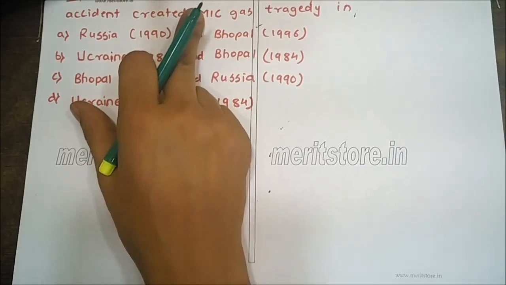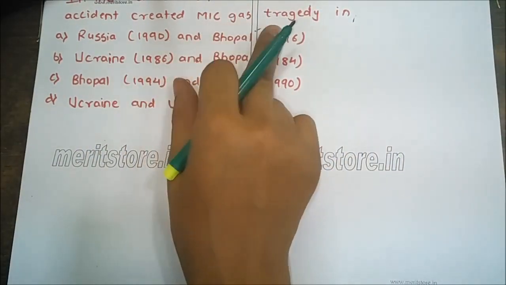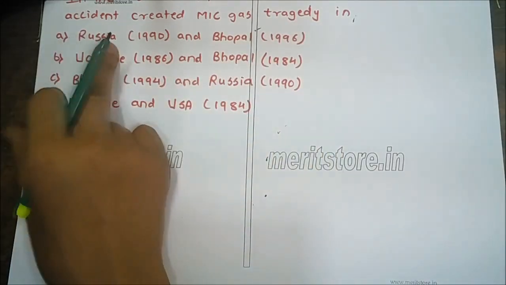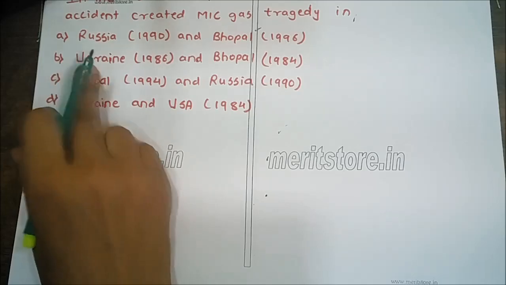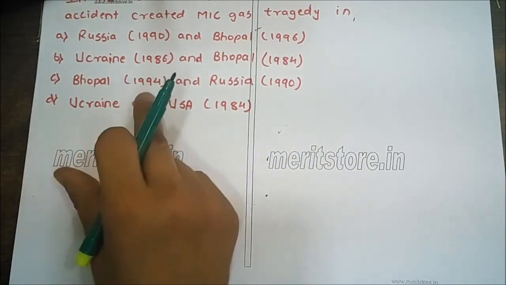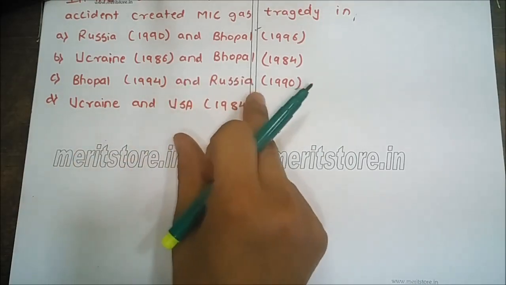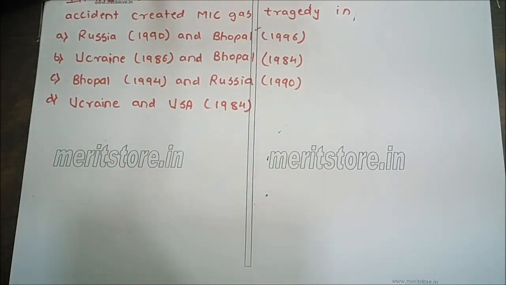In the last decades, most serious nuclear reactor accident created MIC gas tragedy in A. Russia 1990 and Bhopal 1996. B is Ukraine 1986 and Bhopal 1984. C is Bhopal 1994 and Russia 1990. And D is Ukraine and USA 1984.